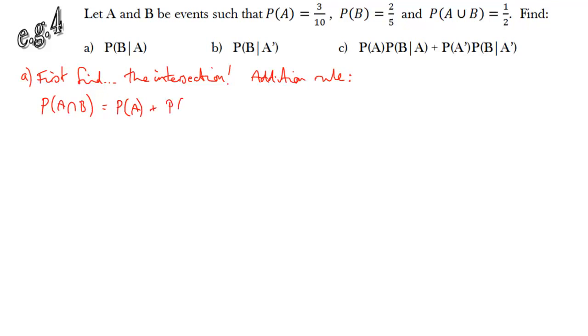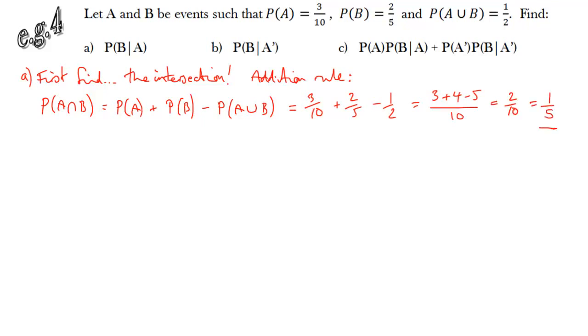The probability of the intersection is equal to the probability of A plus the probability of B minus the probability of the union. We know all those bits and pieces, so we can just stick them straight into the formula and be grateful that we can in this case. So tidy that all up, put it all into tenths, and what you get is 2/10 or 1/5.